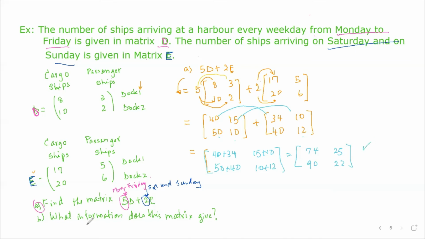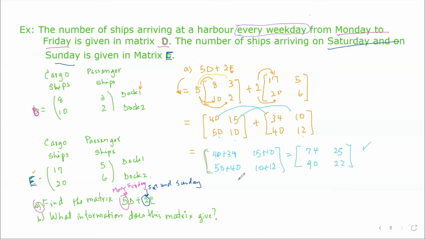And then question B, what information does this matrix give? So this one talks about what? Every week, correct? Every day, just say every weekday. In a week, this matrix represents the number of cargo ships.